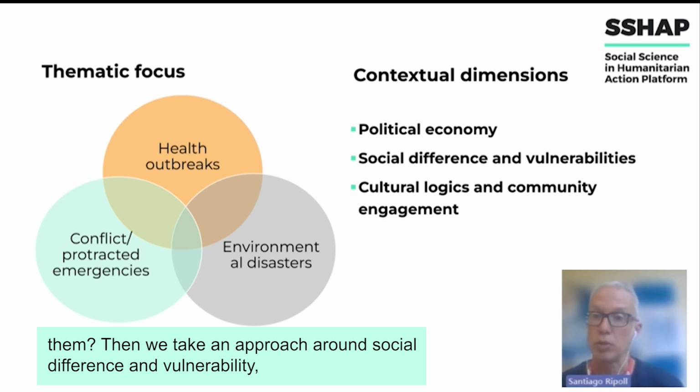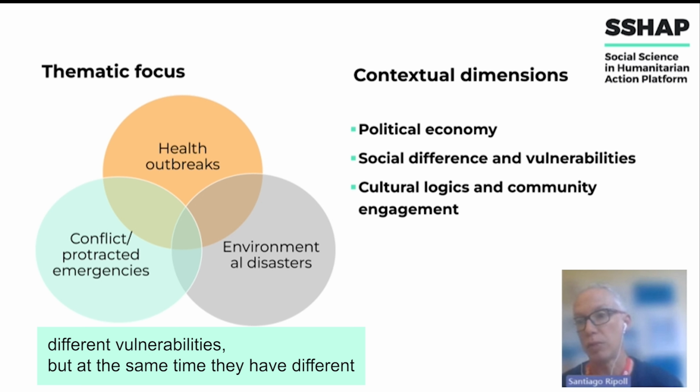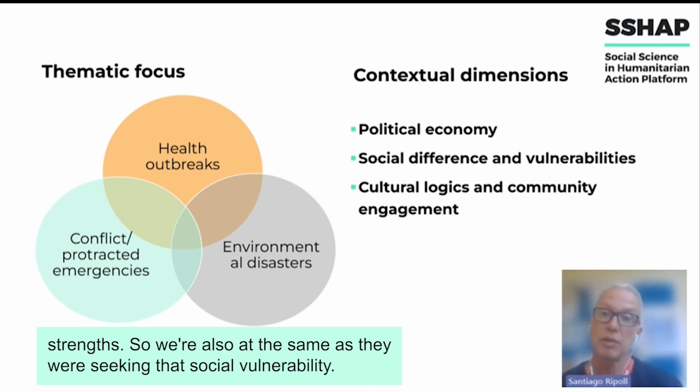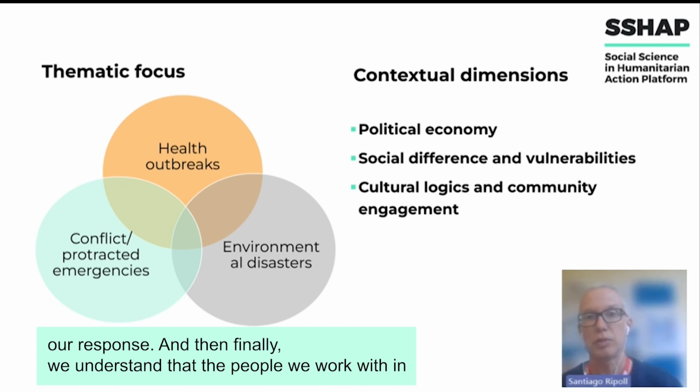Then we take an approach around social difference and vulnerability, seeing that there is a diversity of social groups within a community and that they have different vulnerabilities, but at the same time they have different strengths. So as well as seeking that social vulnerability, we're also trying to see what are the types of resilience and strengths that we can build on in our response.